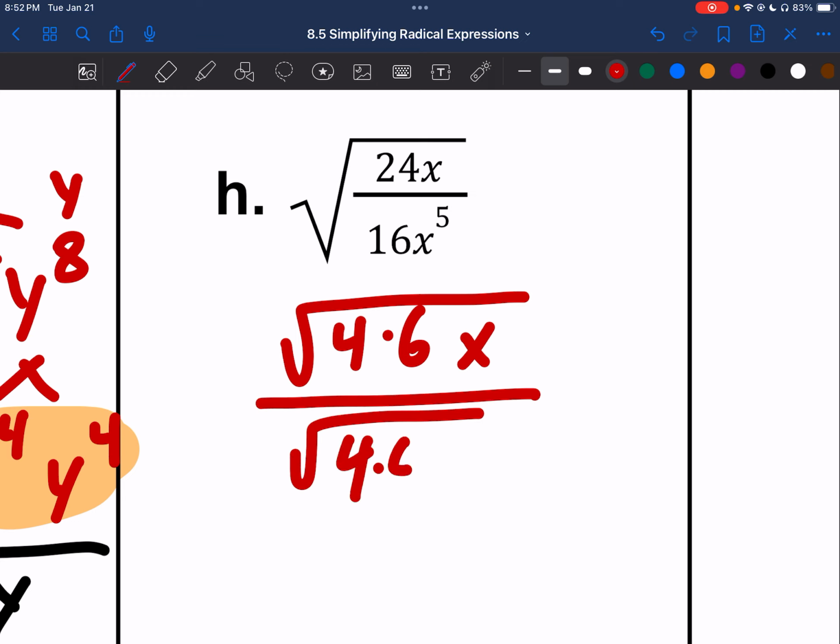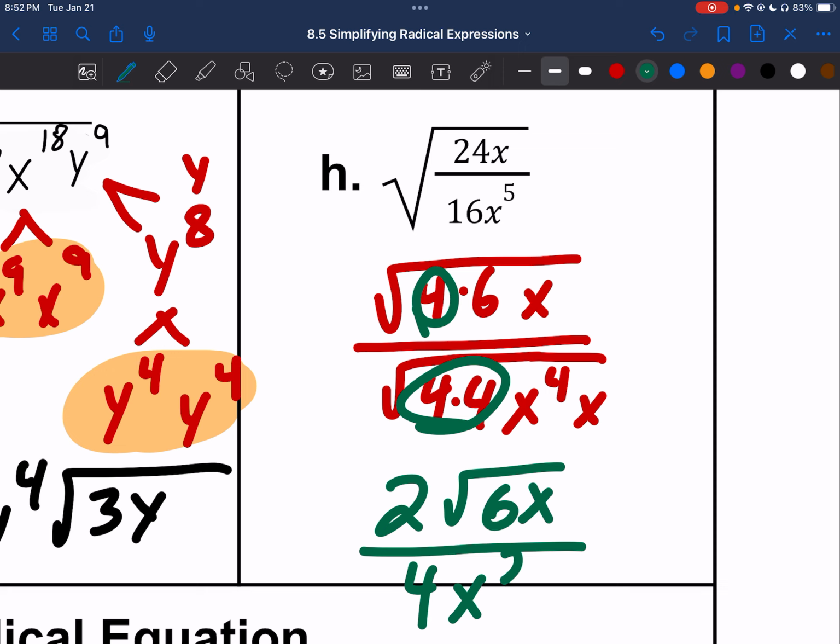We've got x to the 4th, x. So square root of 4 is 2. And then we've got square root of 6 and x. In our denominator, square root of 4 times 4, well, that's a pair, so that's 4. And then we've got x to the 4th, so that'll be x squared. We have square root of x.